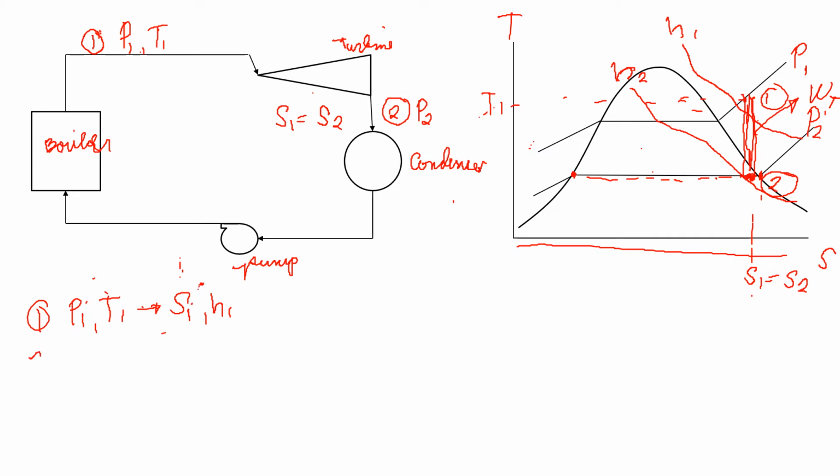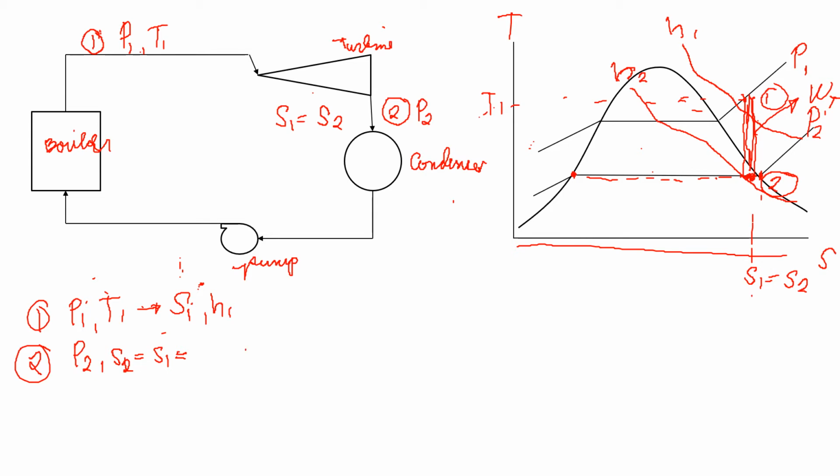Now at point 2, we have your assumption that P2 is different, but your S2 is equal to S1. And of course, you can find out if it is within the saturated line. How do you gauge that?